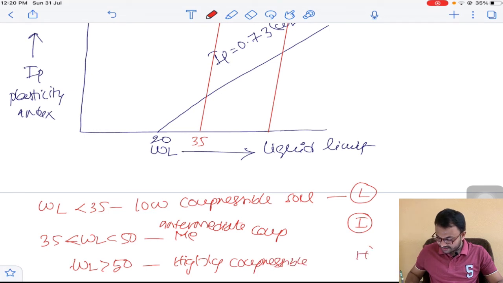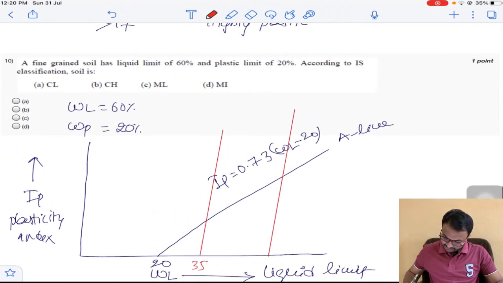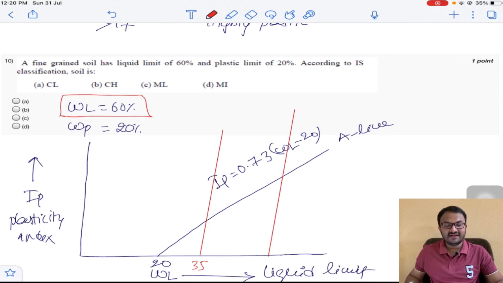You will get symbol H. And if you observe, the liquid limit value that he has given is 60%, so the given soil is highly compressible. Means in the given options is there any H? Yes, H is there, that is option B, it is CH.